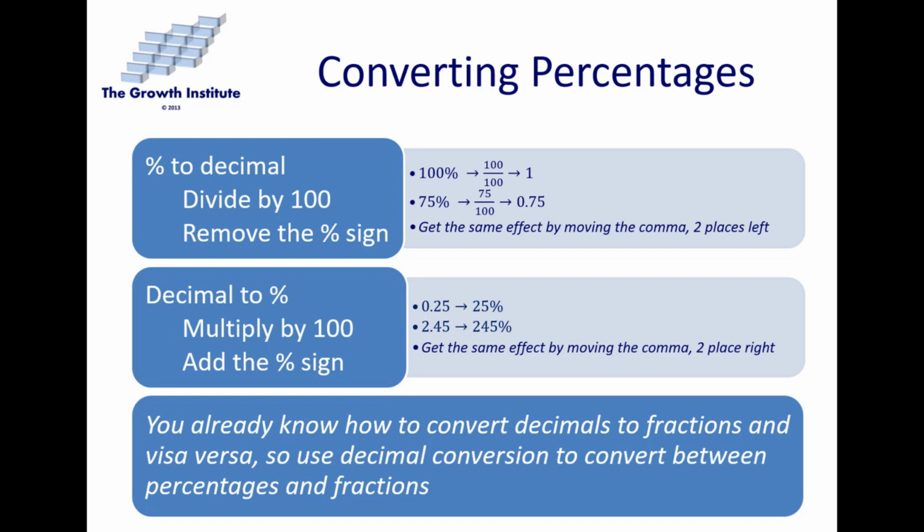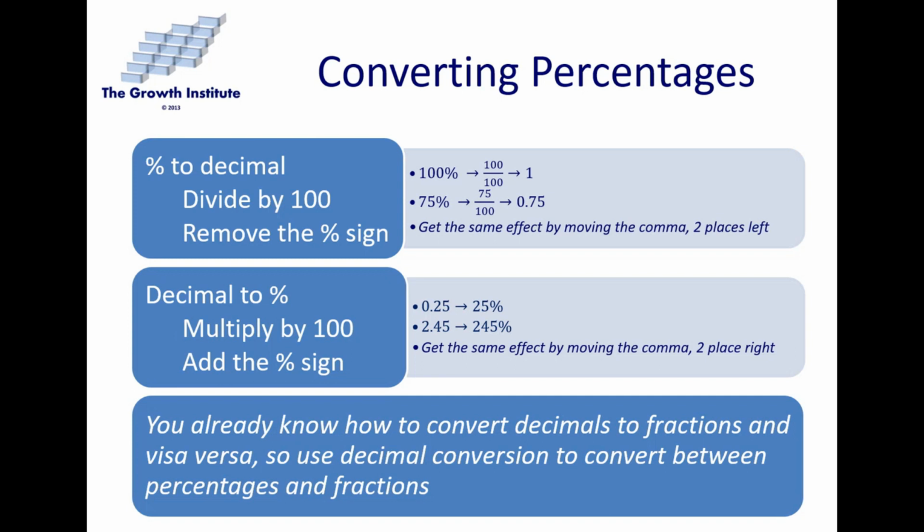I also wanted to show you that a decimal can have an integer in it. So there you have 2.45, and if you change that to a percentage, it will be 245%. And again, we get the same effect by moving the comma 2 places to the right this time.